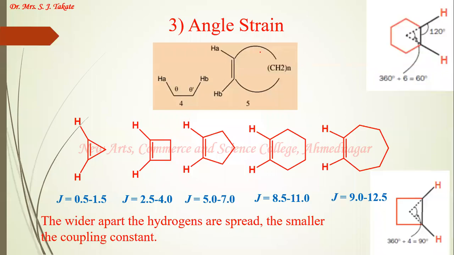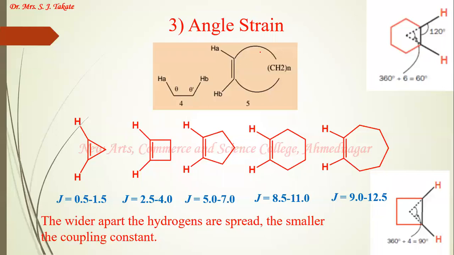Hello students. In the previous two lectures, we have studied two factors which affect the vicinal coupling constant values. The first one was the dihedral angle between the vicinal protons. If the dihedral angle between the protons is 0 degree or 180 degree, the coupling constant values are large, in the range of 10 to 15 Hertz.